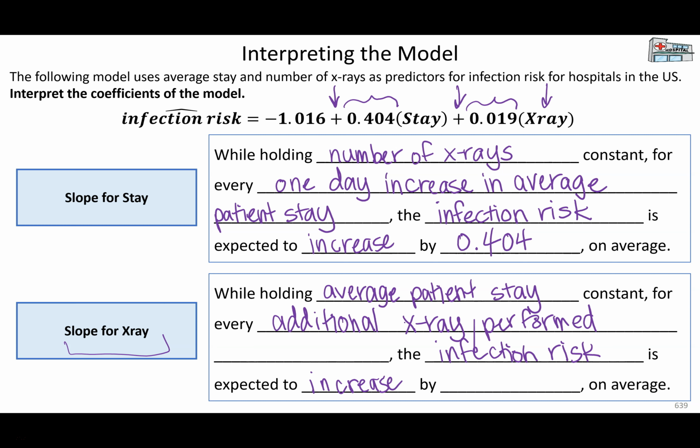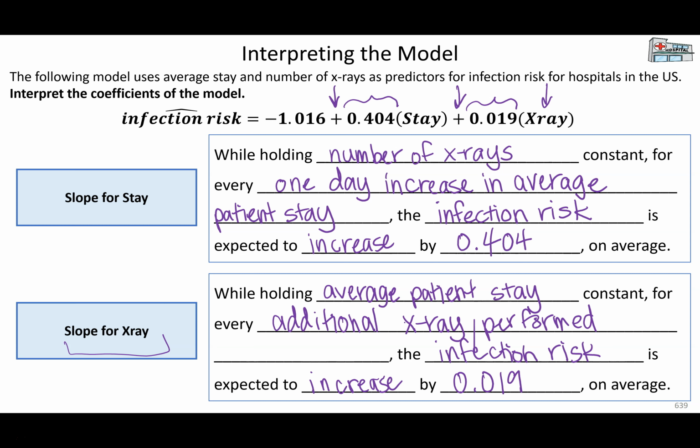It's quite likely, by 0.019. So when we have two hospitals that have the same average patient stay, but one of them has one more x-ray than the other in this span of time, we think the infection risk for the one that has one more is going to be higher by about 0.019 on average.